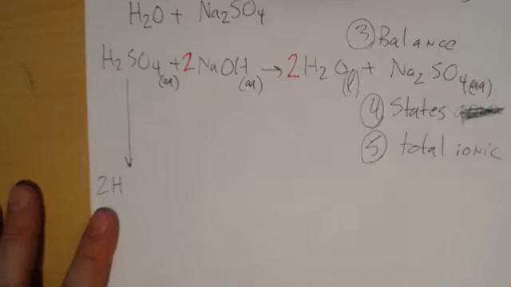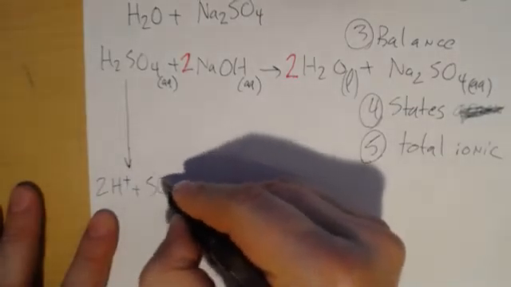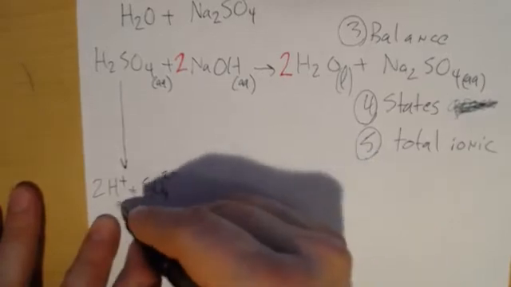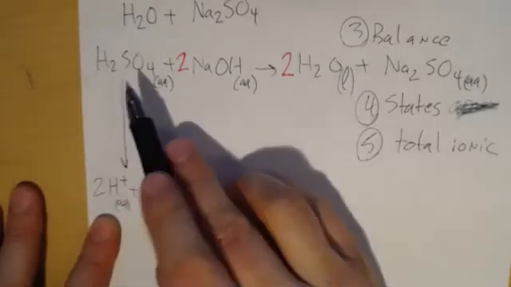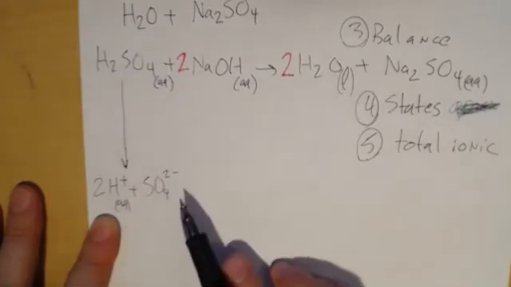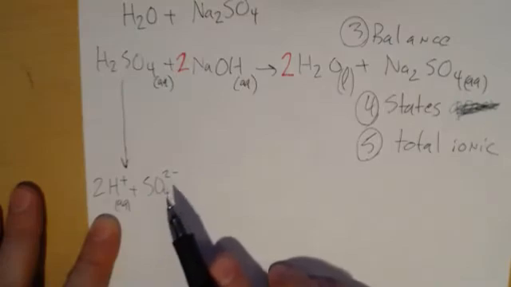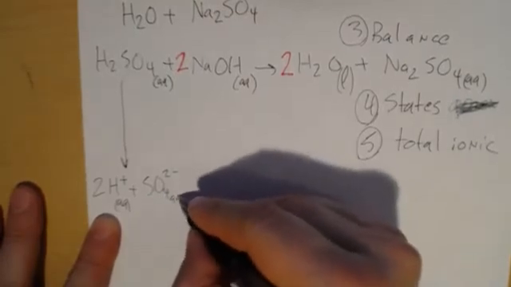So 2H plus, SO4 2 minus, aqueous, because that's aqueous. So all the ions are aqueous. So again, as a compound not showing charges, as separate ions need to show charges. Okay. Aqueous, aqueous.